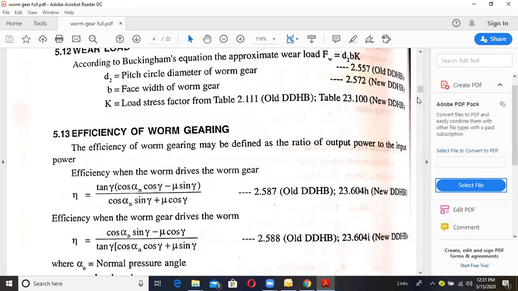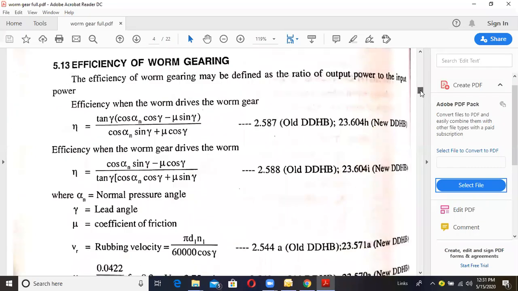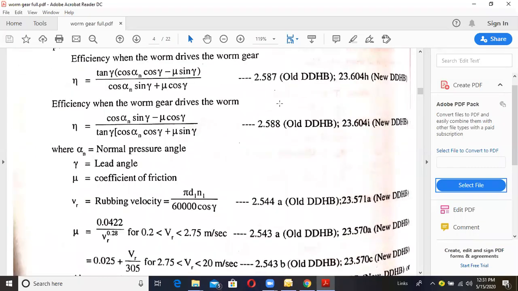Here, there are two formulas to calculate efficiency. The first formula is the efficiency when the worm drives the worm gear. Here, the worm is the driver and the worm gear is the driven. At that time, you have to use this formula from equation number 23.604.